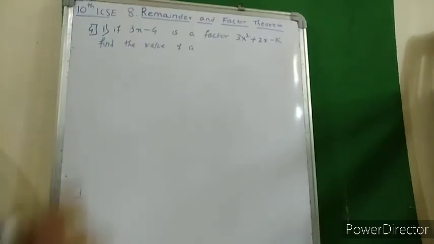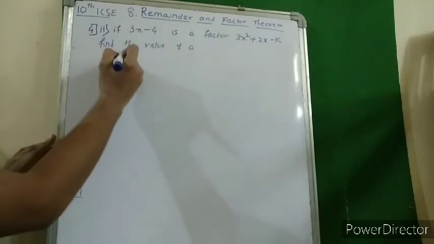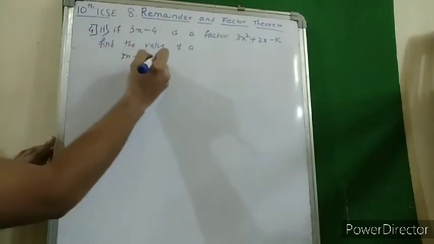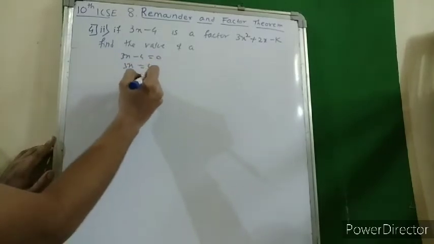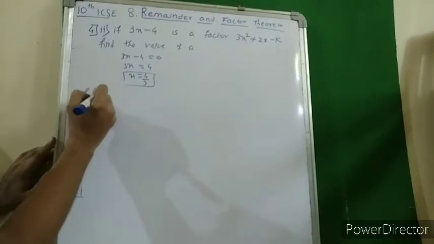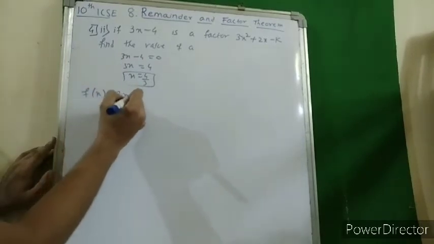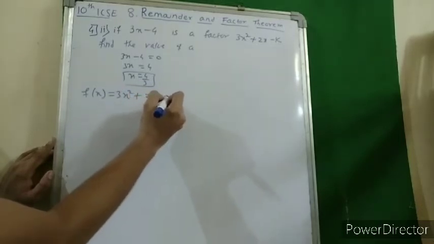Okay, for the second part of the fourth question, if 3x minus 4 is a factor, see, so what will come in place of x? We'll write x is equal to 4 upon 3. Okay, so the polynomial or function of x is 3x square plus 2x minus k.